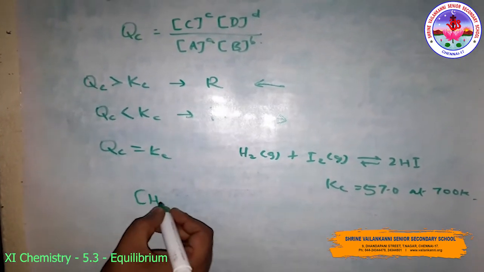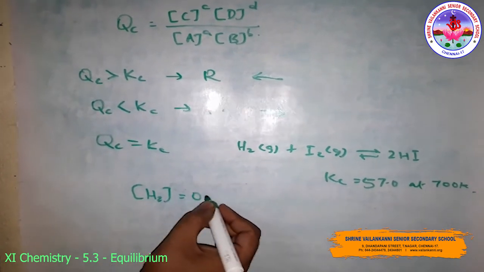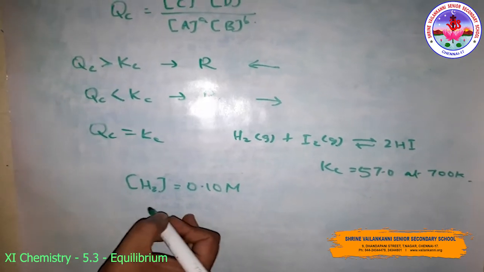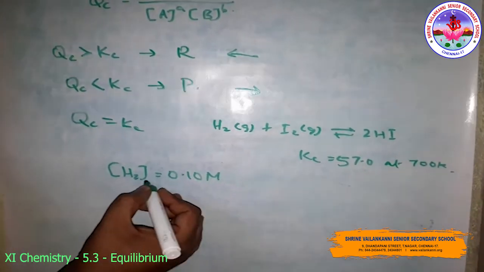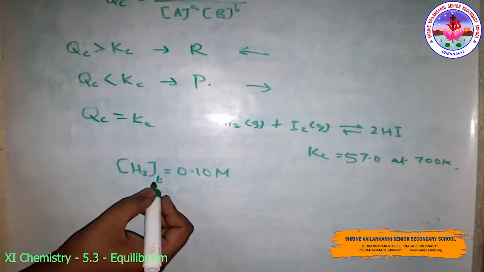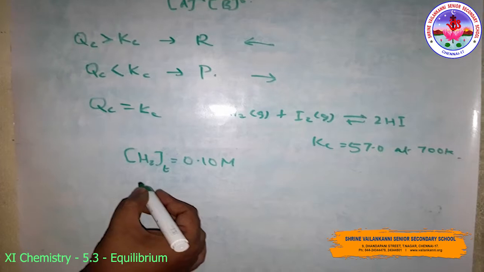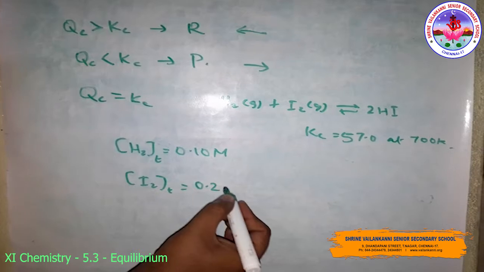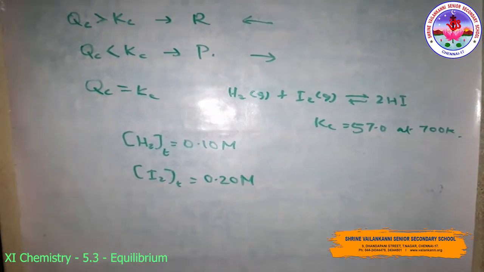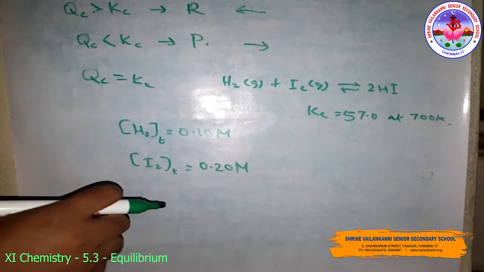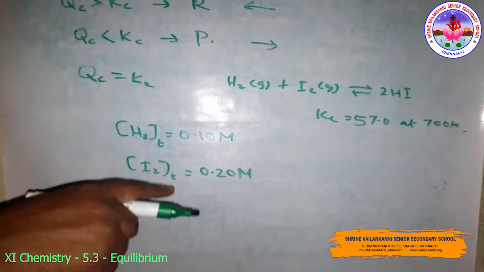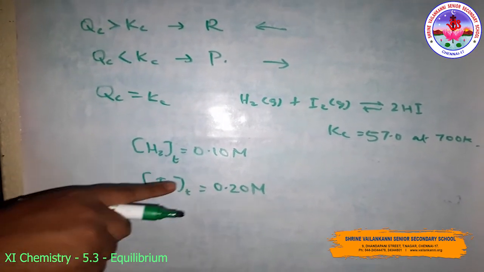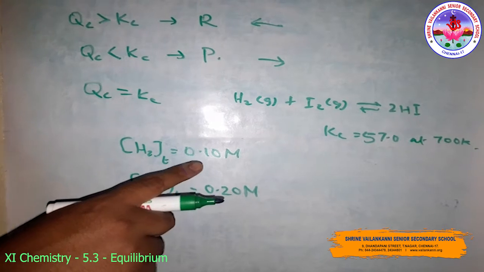The molar concentration of H2 at time t is 0.10 molar, and the molar concentration of I2 at time t is 0.20 molar. Here t indicates time, not necessarily at equilibrium, so that is the reaction quotient Qc.